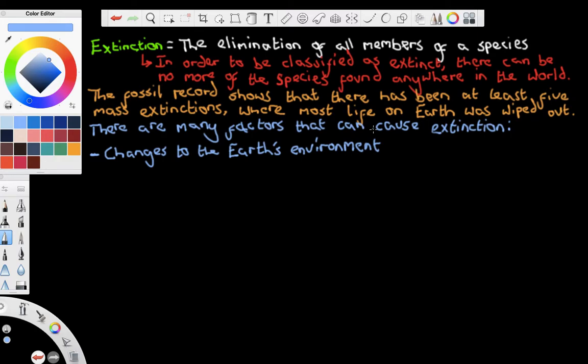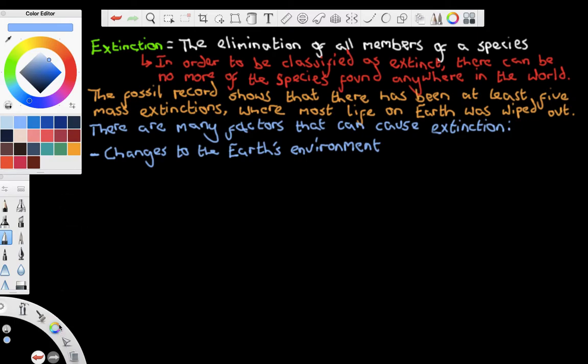It's actually believed that all of the continents of the Earth were originally one giant supercontinent known as Pangaea, and it split apart. This could have caused an extinction of species that lived in particular climates.